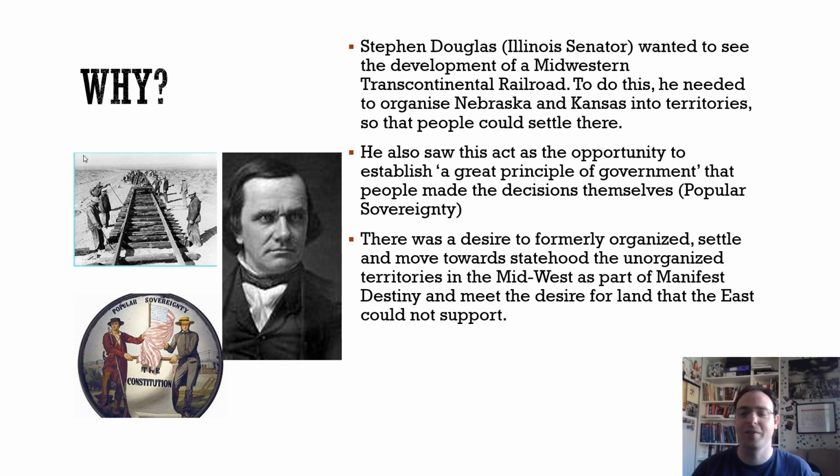So this all links in with the previous material we've seen in terms of Manifest Destiny, the desire for more land. There's more and more pressure for land in the east. That land is becoming more and more expensive as more and more people are settling in the United States and the population is growing. That's pushing this frontier spirit, this desire for land and settlement.